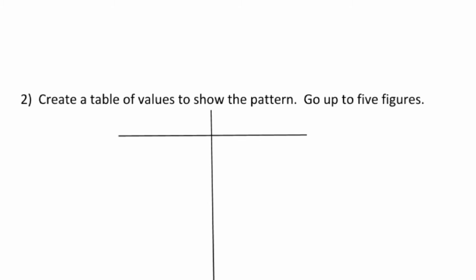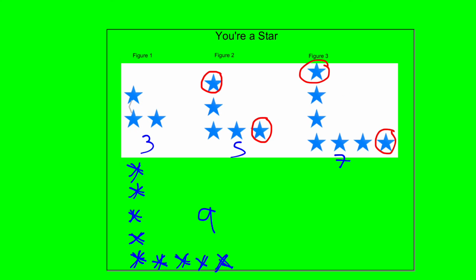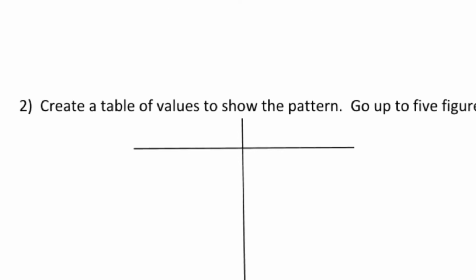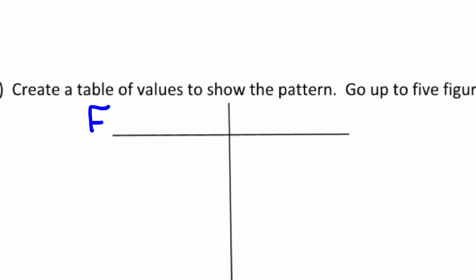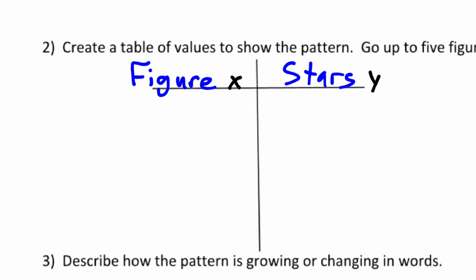Next thing they had to do was make a table of values comparing figure and stars. So I'm going to write here figure and stars. And we're going to label this with the variable x and the variable y. And we have to do the first 5 figures.